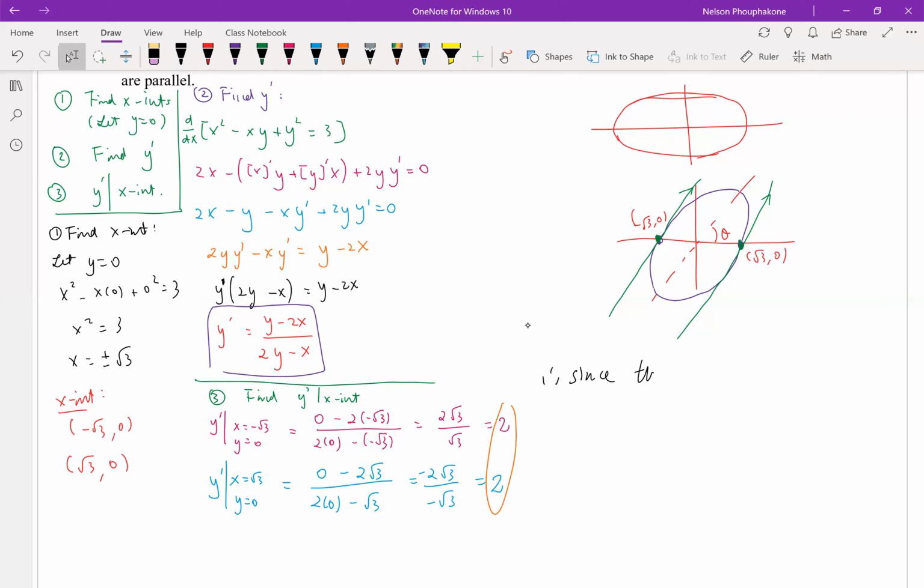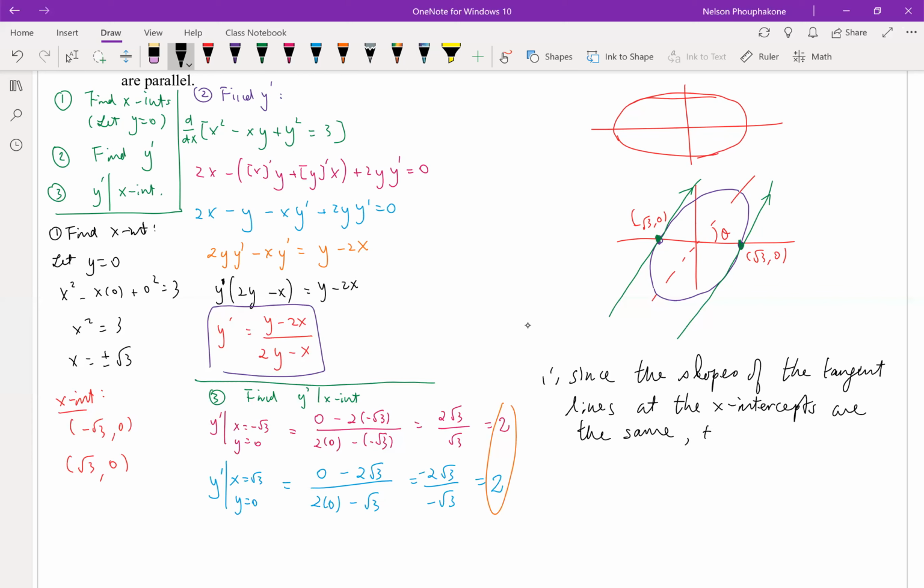Since the slopes of the tangent lines at the x-intercepts are the same, the two lines must be parallel.